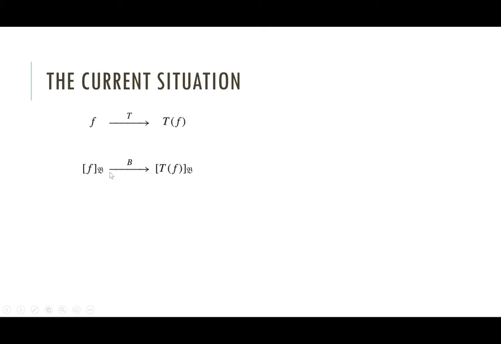And now the question is, how do we get from the coordinate vector of our abstract vector to the coordinate vector of the transformed vector? So how do we find this matrix? This T is an abstract linear transformation, but B is a matrix. How do we find that matrix?